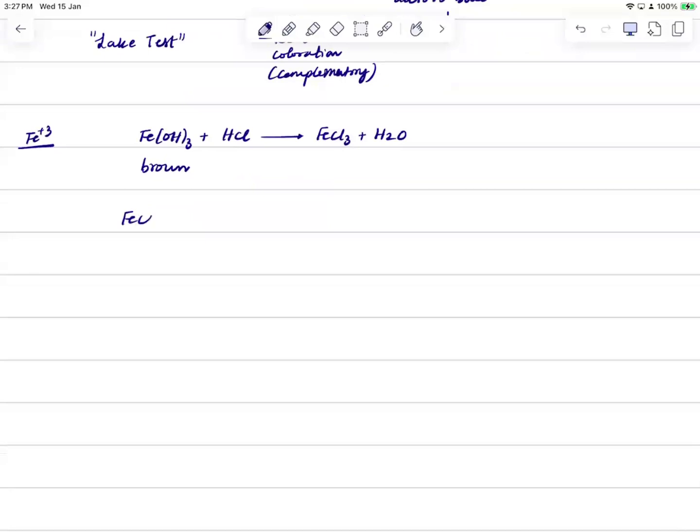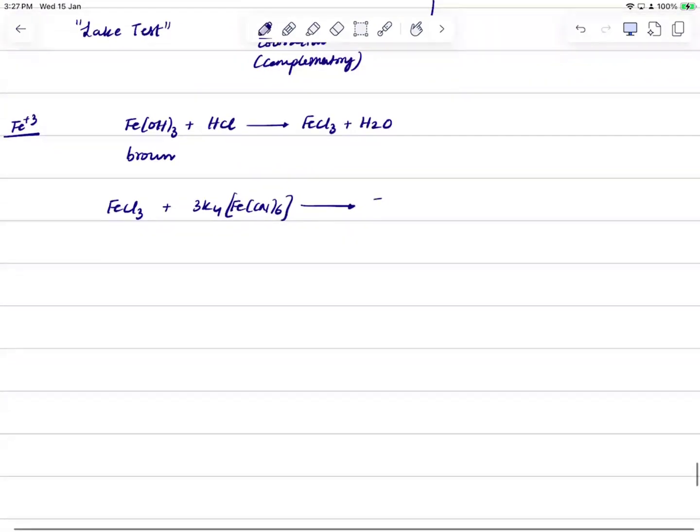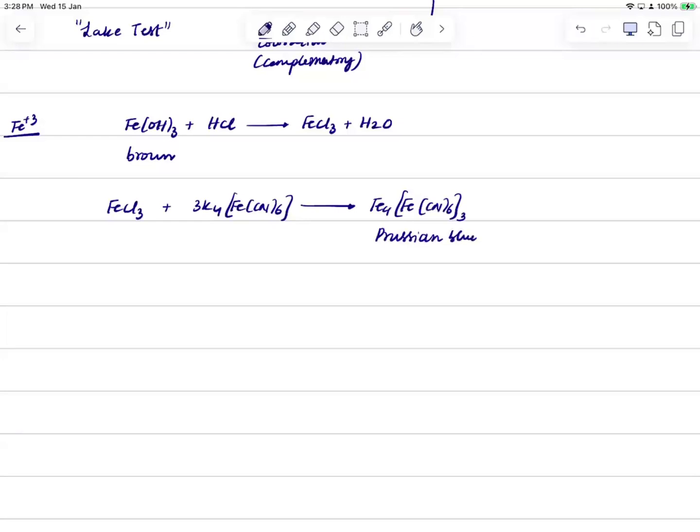Now this FeCl3 colorless solution, when you react with 3 moles of K4[Fe(CN)6], correct? So you can see it is a plus 2 plus 3 combination. Which will form Fe4[Fe(CN)6]3. Now this is Prussian blue precipitate plus 12 moles of KCl. Correct?